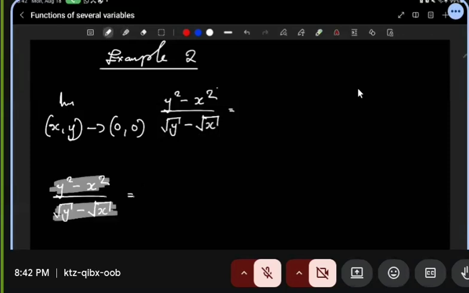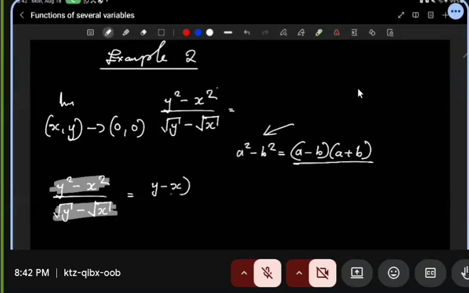From a difference of two squares, you know that a squared minus b squared is the same as a minus b multiplying a plus b. You can try to expand this, you'll see that it will reduce to this. Meaning, since I have y squared minus x squared, I can write this as y minus x multiplying y plus x.